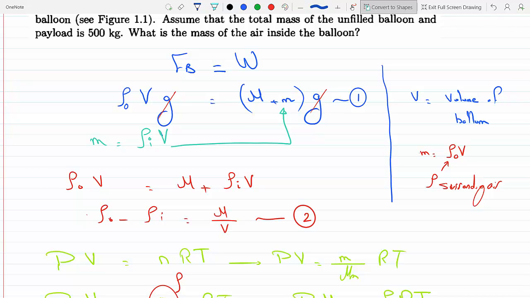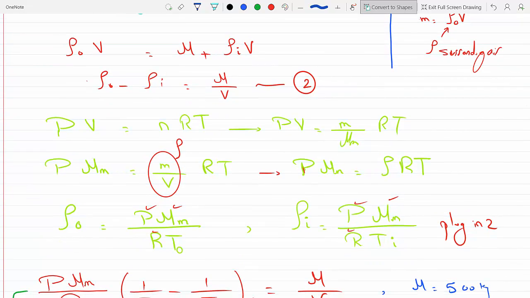And from there on, I related the density outside and the density inside with the volume of the balloon, and then I used the ideal gas law to express the densities in terms of the other variables: pressure, the molar mass of the air, the gas constant, and the temperature, outside temperature for density outside, inside temperature for density inside. And that's how I was able to get from the density to the temperature.